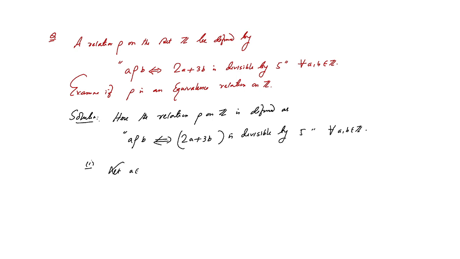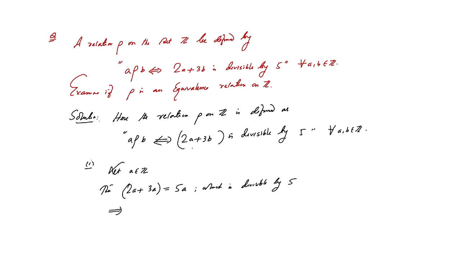Let A belong to Z, then 2A plus 3A. What will be the value? 5A, which is divisible by 5.